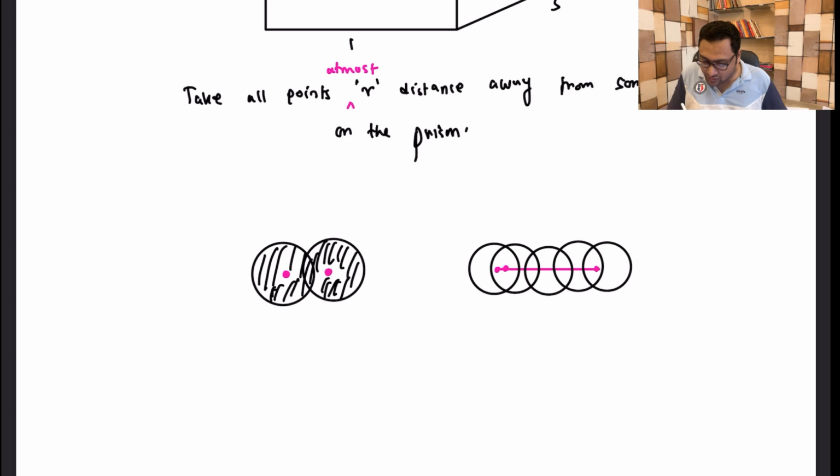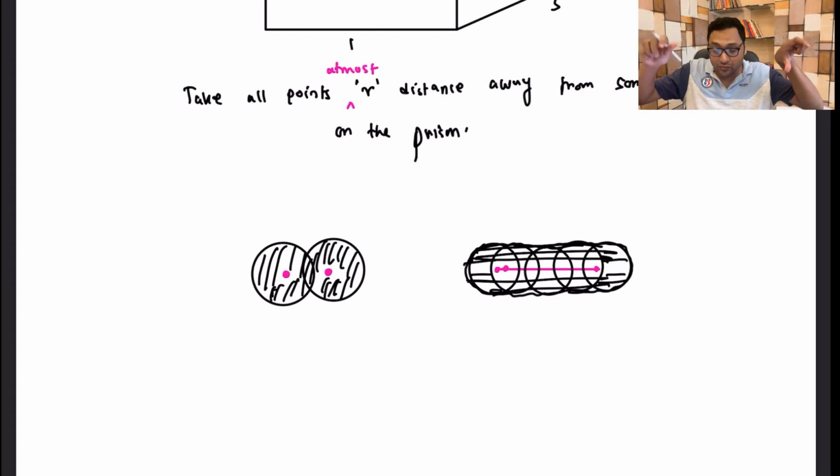So you can easily imagine that it would look somewhat like this. So everything here, you just shade all of that. This is the R neighborhood. It's sometimes known as the tubular neighborhood because it looks like a tube.